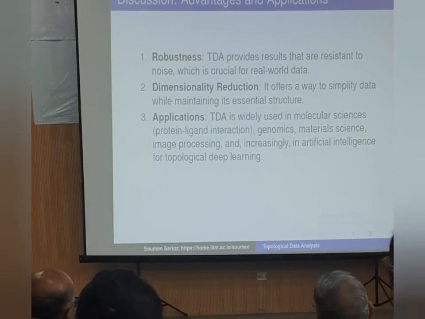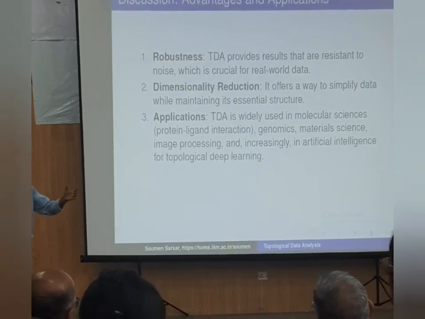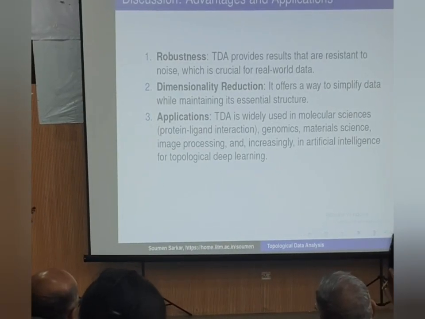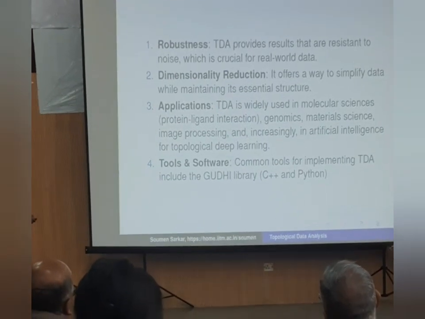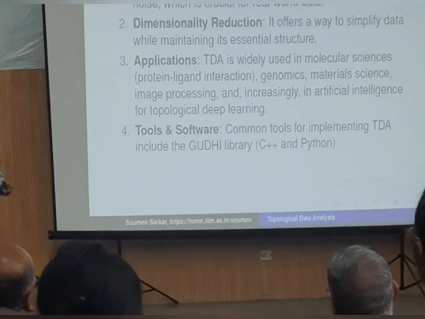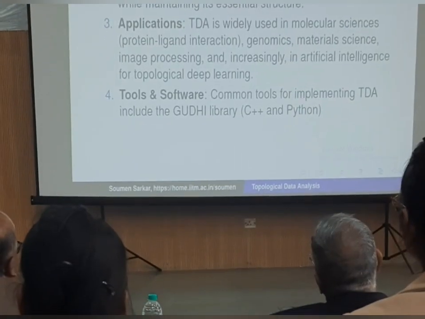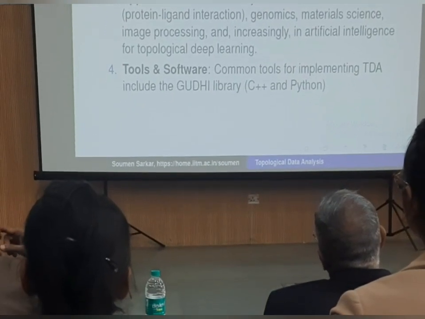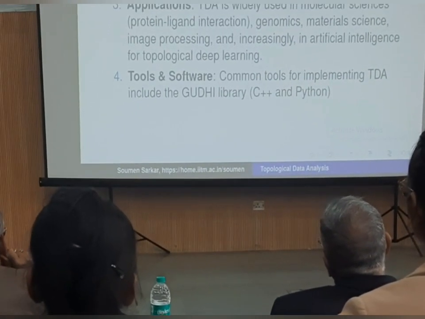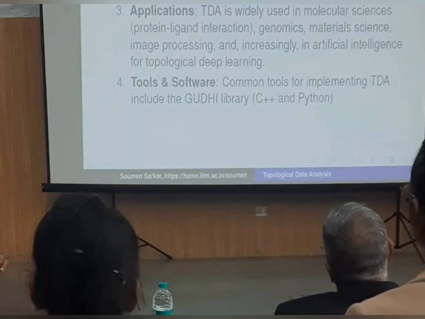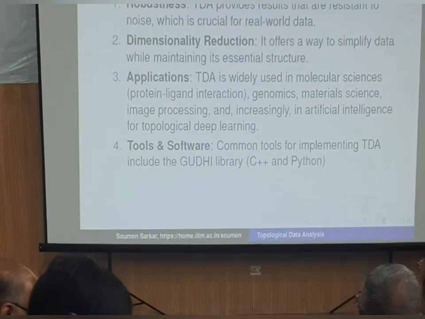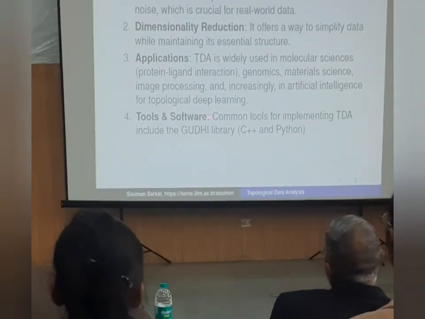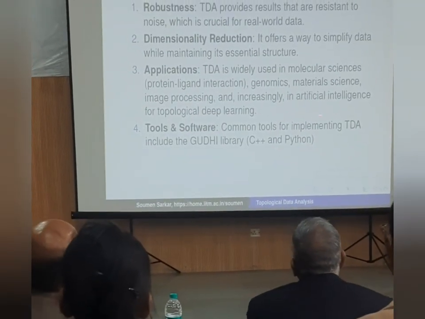What they are doing is comparing the differences between their persistent diagrams. The bad part is that if somebody wants to do it, he or she has to know so many things: topology, graph theory, the places where you can apply it, and the tools also, like C++ and Python.